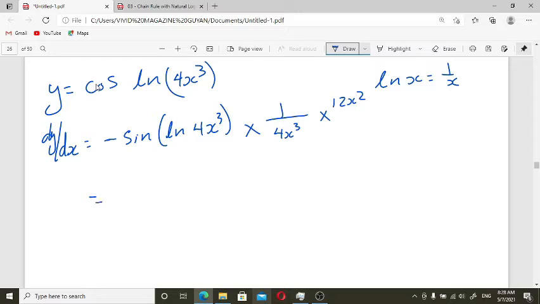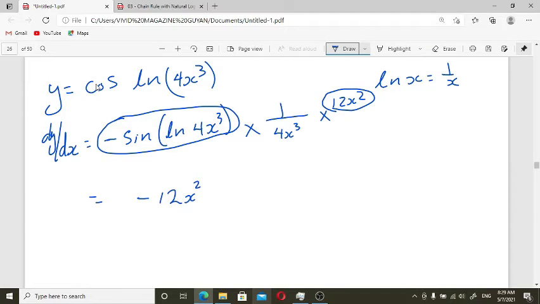So what you're now having is this and this are going to multiply, and 4x cubed is at the bottom. So you're going to have minus 12x squared sine of ln 4x cubed all being divided by 4x cubed. Now don't get fooled.